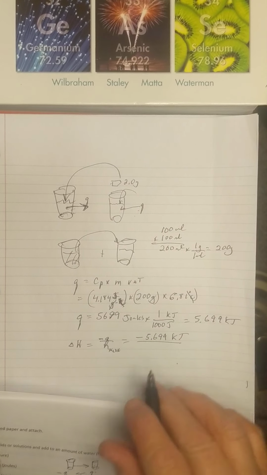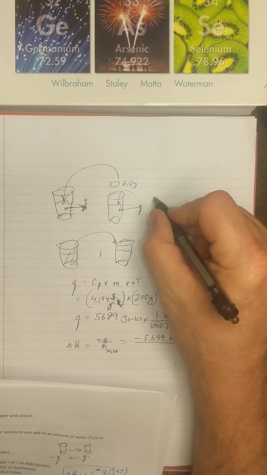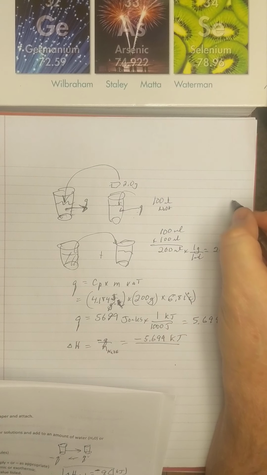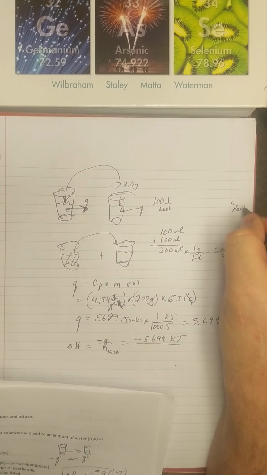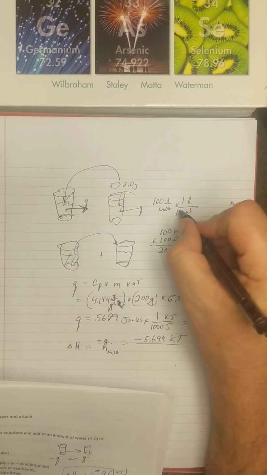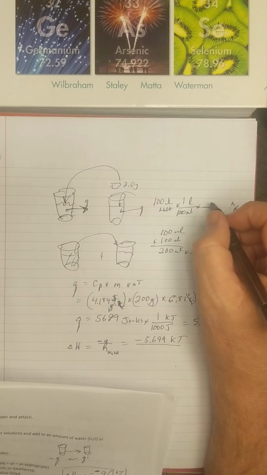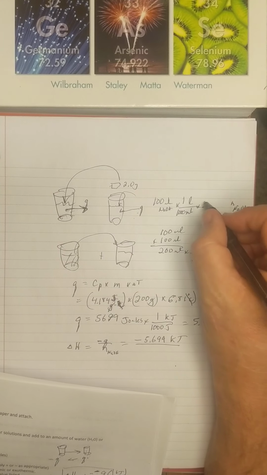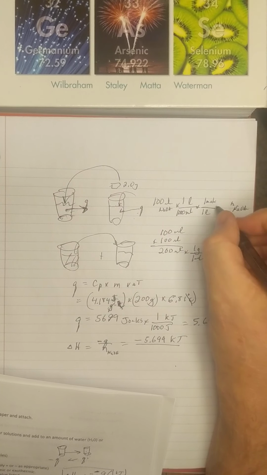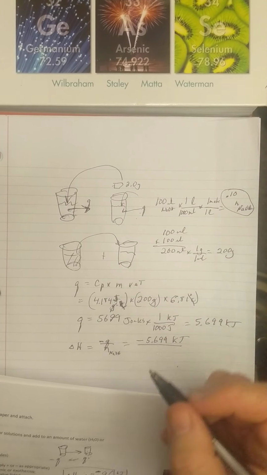The question is, how do I get my moles of sodium hydroxide? Well, I have to use solutions. I know I have 100 milliliters of NaOH, and I want to find the number of moles. I'll convert milliliters to liters by dividing by 1,000, and the molarity is given as 1 molar, so 1 mole is to 1 liter. What I end up with is 0.10 moles of sodium hydroxide.